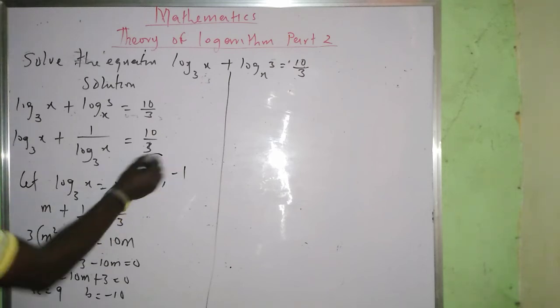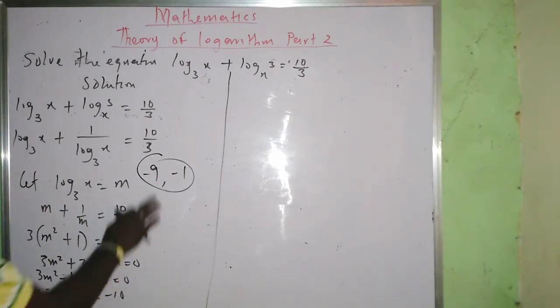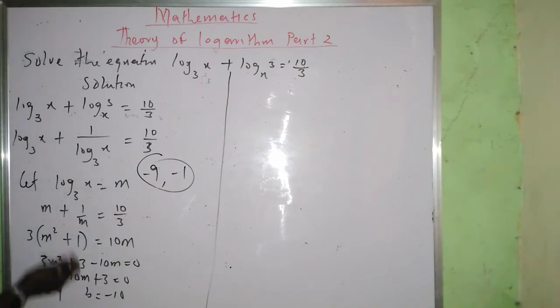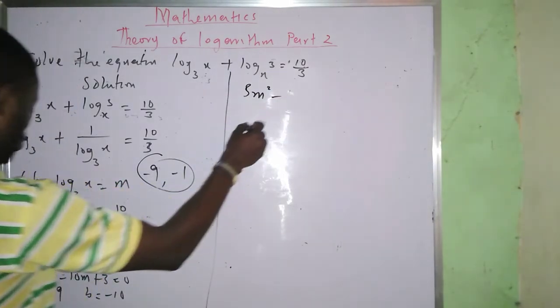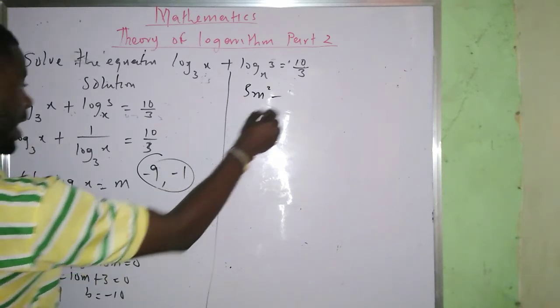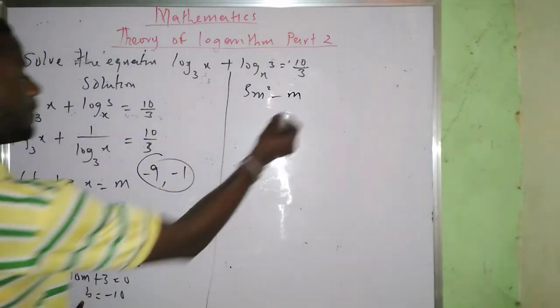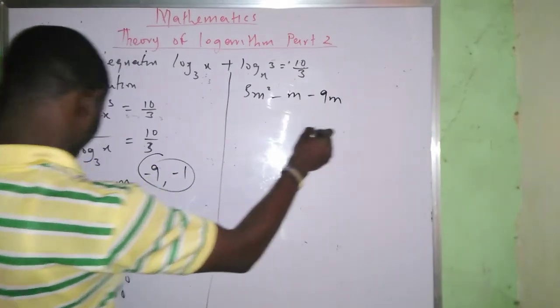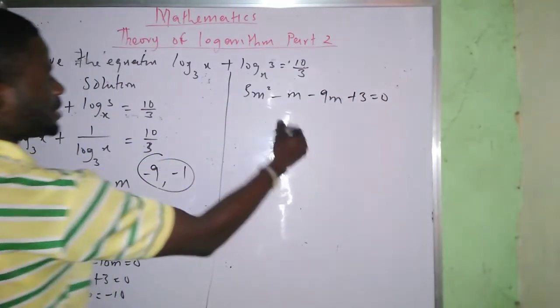I'm just using this style to teach quadratic equations here. Now, these numbers will represent the position of my b, so I will be having 3m squared minus 9m minus m plus 3 equals 0.